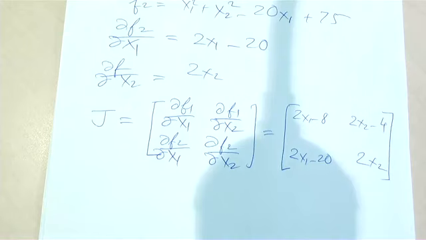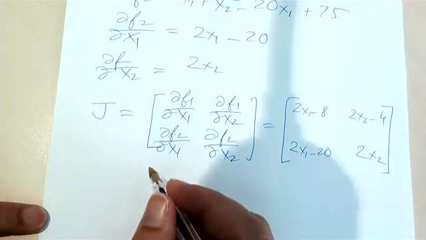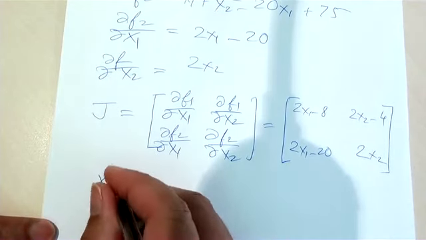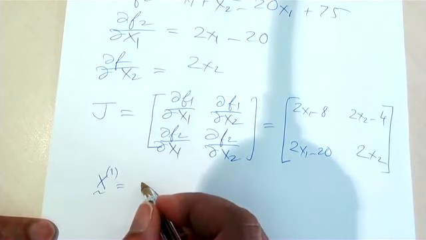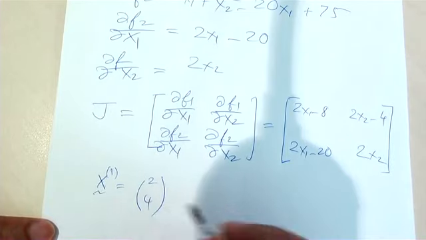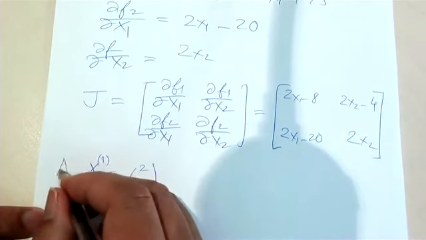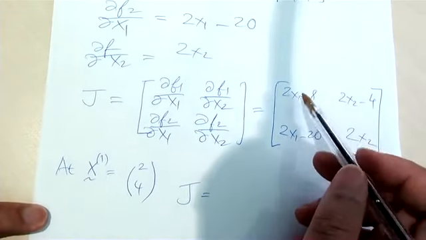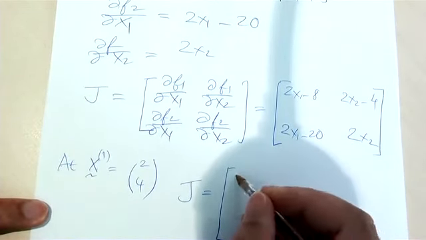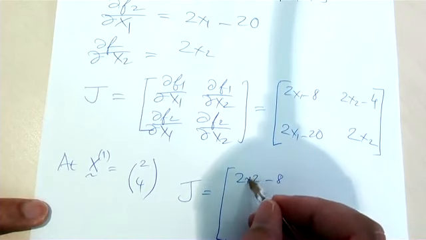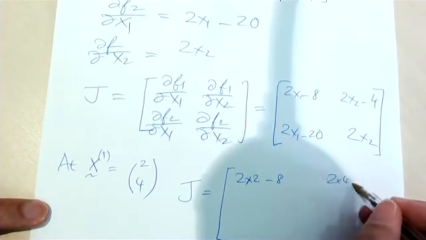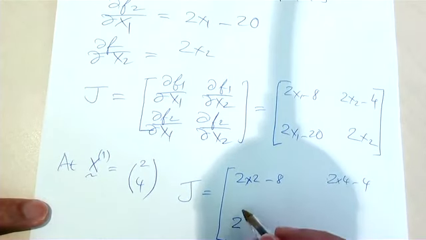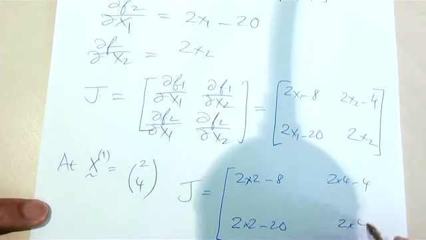But what we need to do is evaluate the Jacobian at x^(1), yeah? So x^(1) is (2, 4), so you have to plug it in here. 2 times 2 minus 8, then 2 times 4 minus 4, then 2 times 2 minus 20, and 2 times 4.